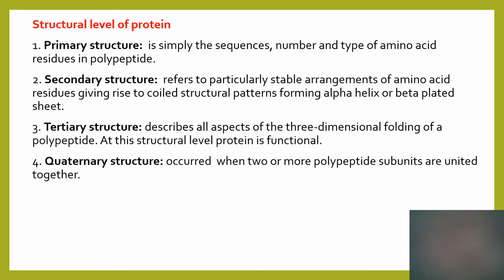Well, these are the structural levels of protein. Protein molecules pass through different structural levels to mature and finally reach a functional state. Therefore, the first level is primary structure. In primary structure, the sequence, number, and types of amino acids are considered, because each protein molecule has a special sequence, number, and types of amino acids.